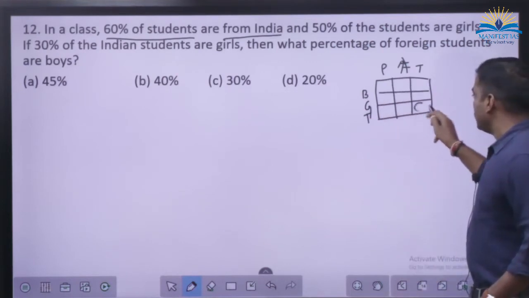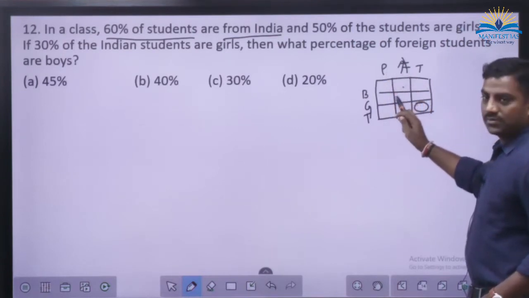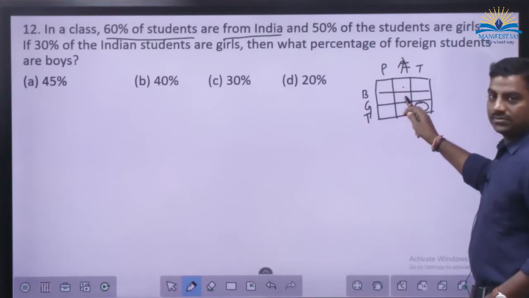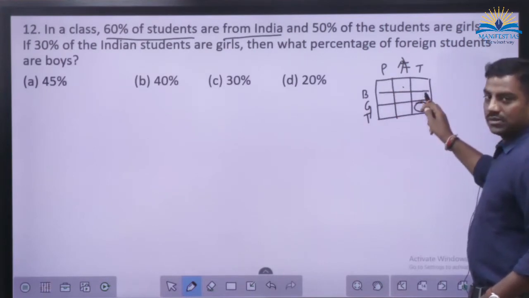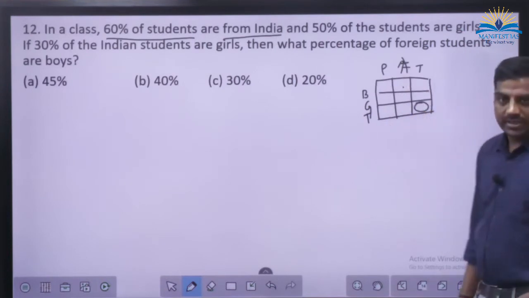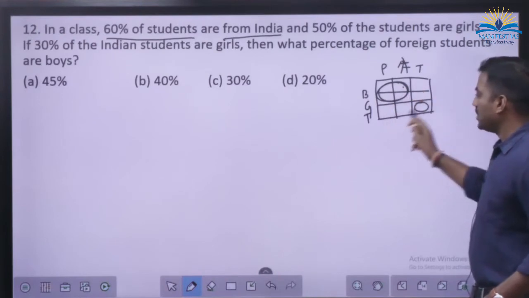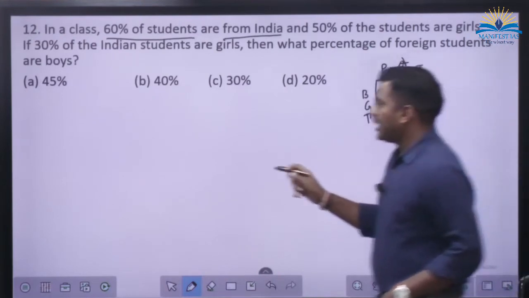This is grand total. This is present boys, absent boys, present girls, absent girls, total boys, total girls, total present, and total absent. Yes? But we get these four divisions. These are just totals. These four divisions. How can we make it?